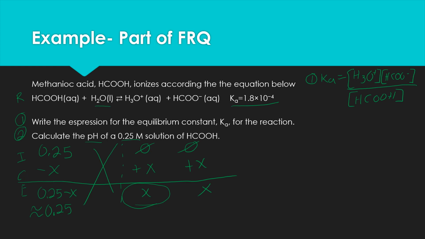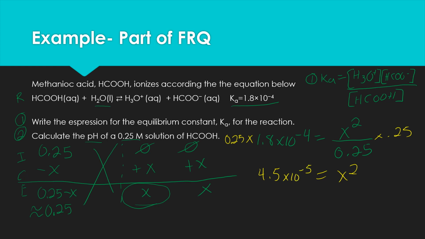So plugging into our Ka expression, we've got 1.8 times 10 to the negative 4 equals our products, which are both X, so X times X is X squared, divided by 0.25. So we're going to multiply by that 0.25 on each side so that we can isolate X. So 1.8 times 10 to the negative 4 times 0.25, I get 4.5 times 10 to the negative 5.